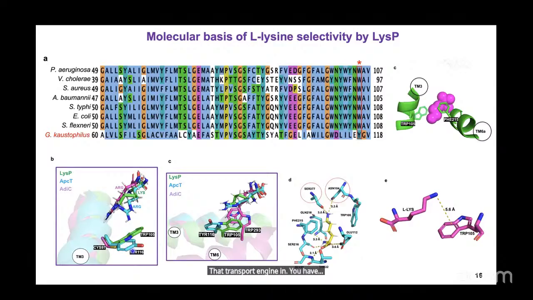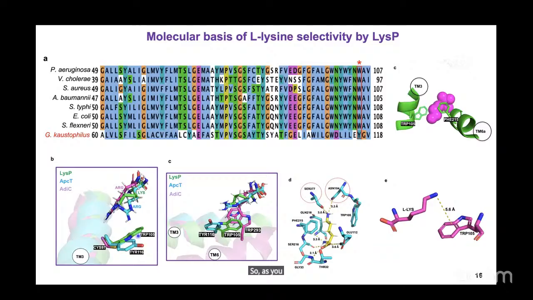And this is because the side chain of arginine is very bulky, and the tryptophan doesn't accommodate the arginine group, but rather it can accommodate the amine group of lysine because it's much smaller.